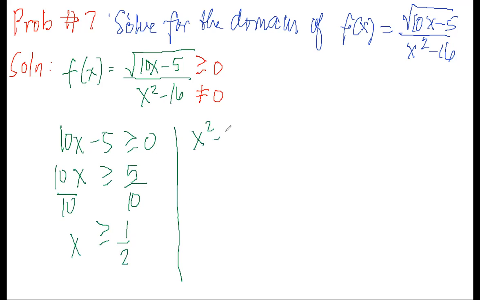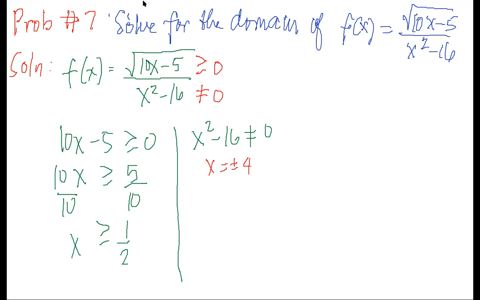Now let's go to the denominator. x squared minus 16 is not equal to 0. So in this case, let's analyze what are the values of x that would make x squared minus 16 equal 0. 16 is a perfect square, so x would be positive or negative 4, right?